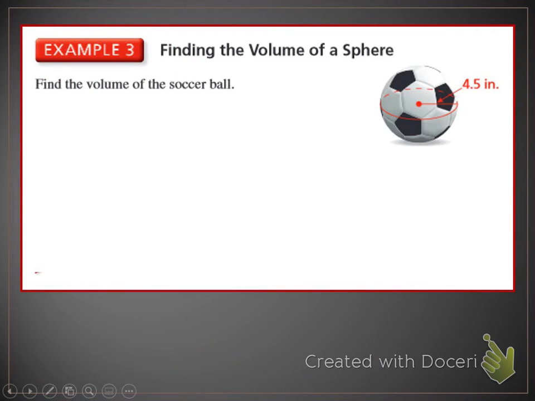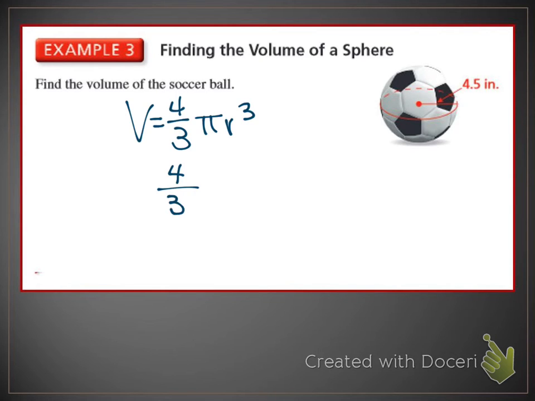So find the volume of the soccer ball. Volume equals 4/3 pi r cubed. What is the radius? It is 4.5 cubed.